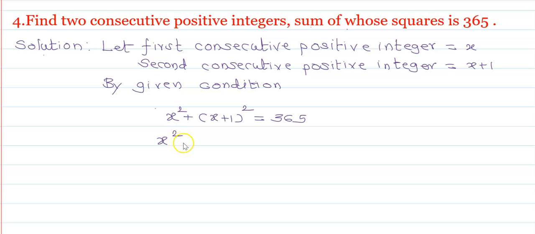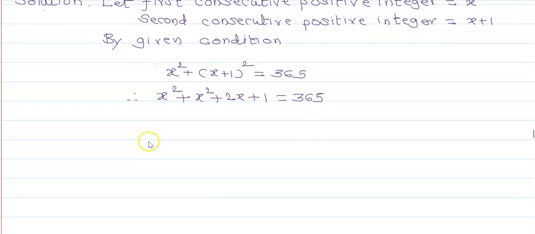Here, the expansion of this is x square plus 2x plus 1 equals 365. Okay, x square plus x square, here you will get 2x square plus 2x plus 1 minus 365, and that's equal to 0.